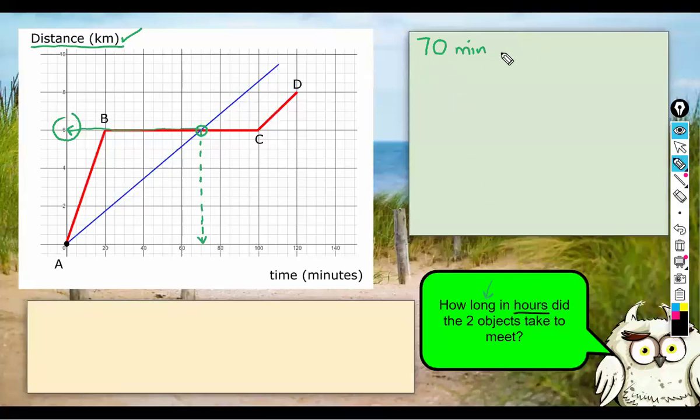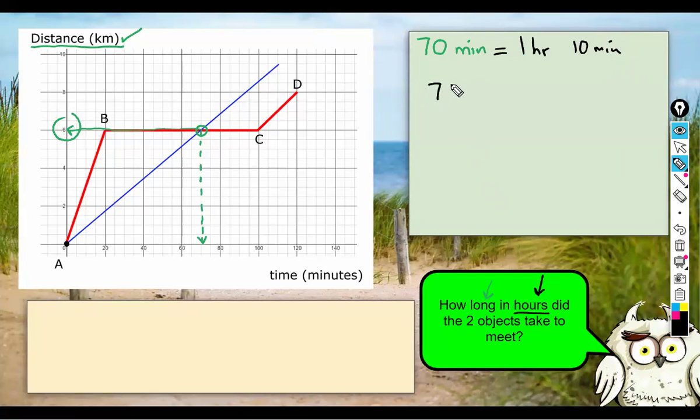Now, a lot of people said 70 minutes is the same thing as 1 hour and 10 minutes. But they didn't ask for part of the answer to be in hours and part in minutes. They want the full answer to be in hours. So how many minutes are in an hour? 60 minutes.